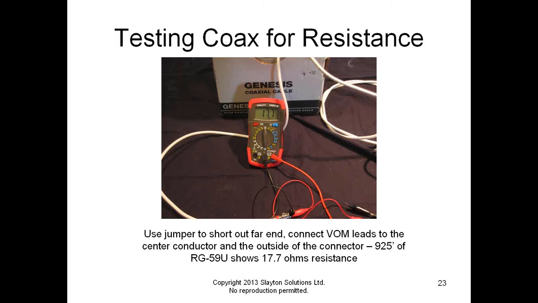Now, since I had 7/10 of an ohm of resistance in the jumper itself, the resistance I'm reading right here is 17 ohms of resistance in this 925-foot piece of cable. So now I know how much resistance is in my cable, and this resistance number is very important because it is the key to tell you how much power you can push.